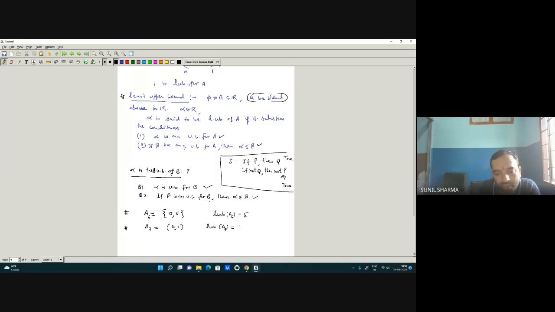If both conditions are satisfied, then we can say that 1 is the least upper bound for A. Okay, so now tell me what is the least upper bound for this set, where n belongs to the natural numbers?